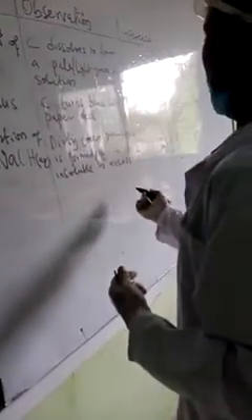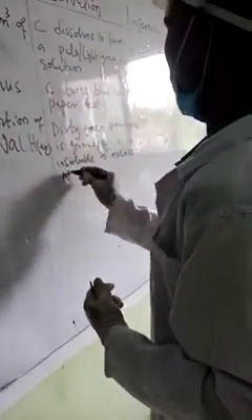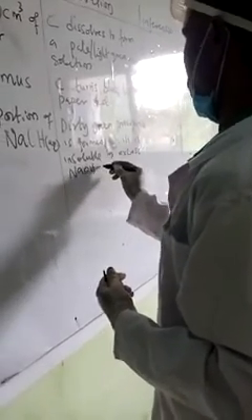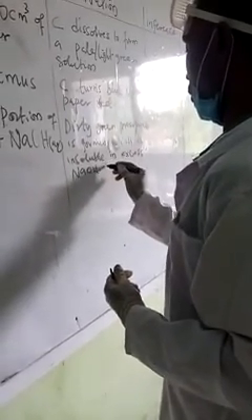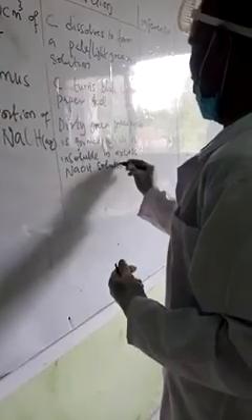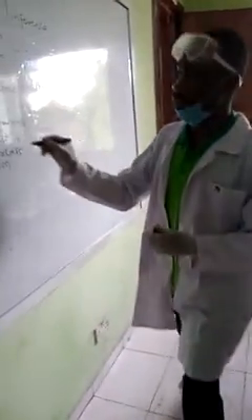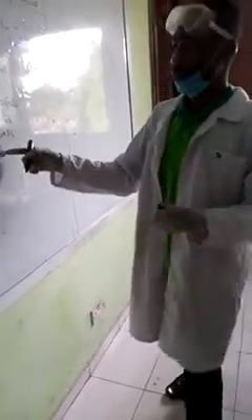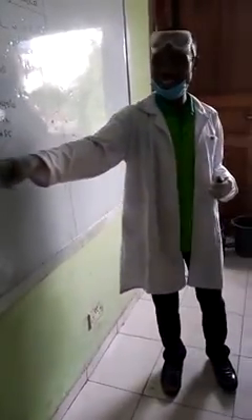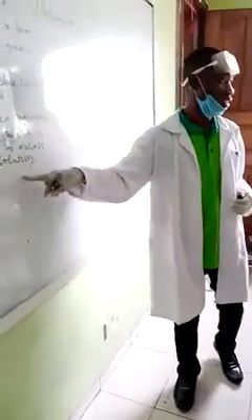Or you can say in excess sodium hydroxide solution. If you want to describe it at length or in detail, you can say which is insoluble in excess sodium hydroxide solution. So what will now be the inference?